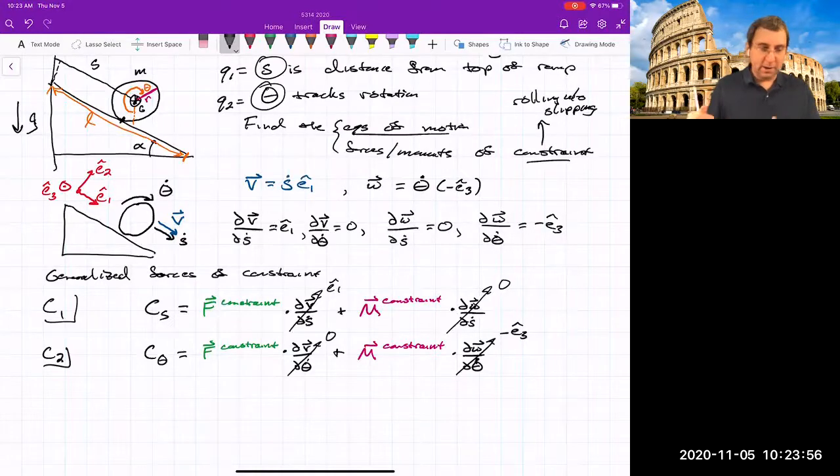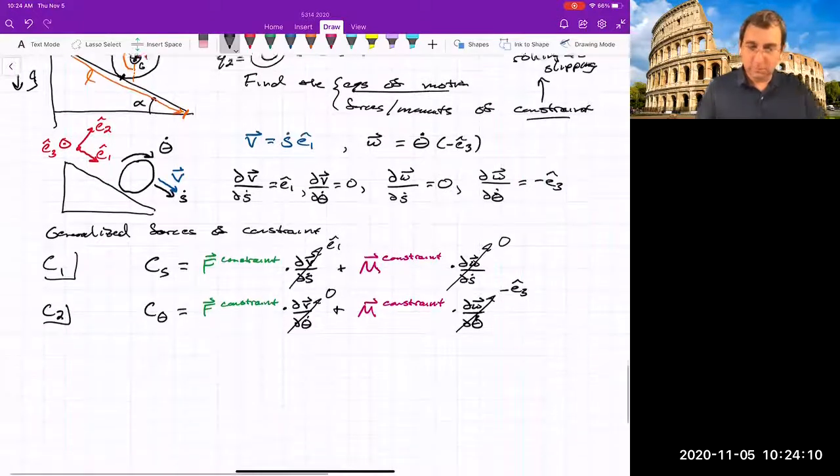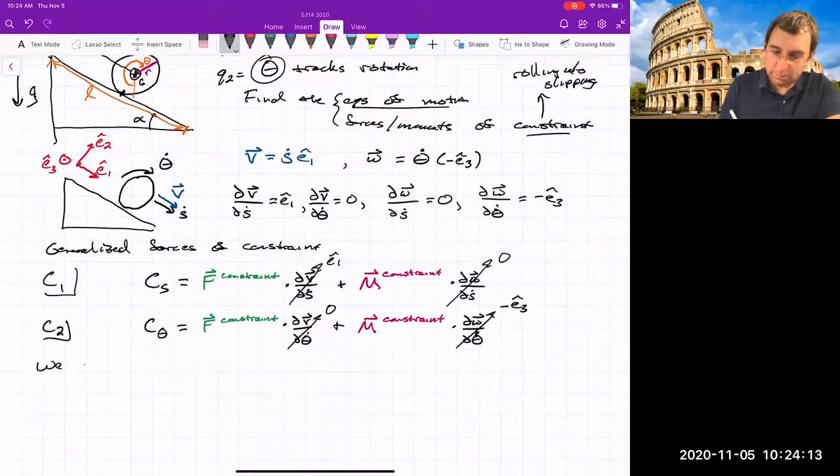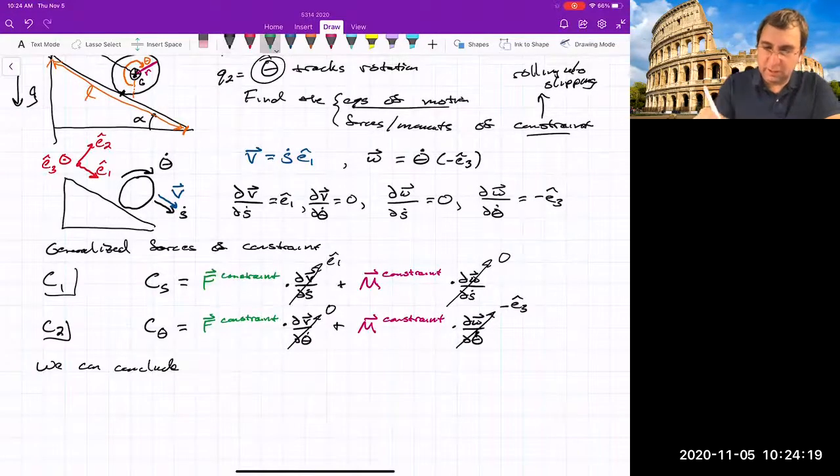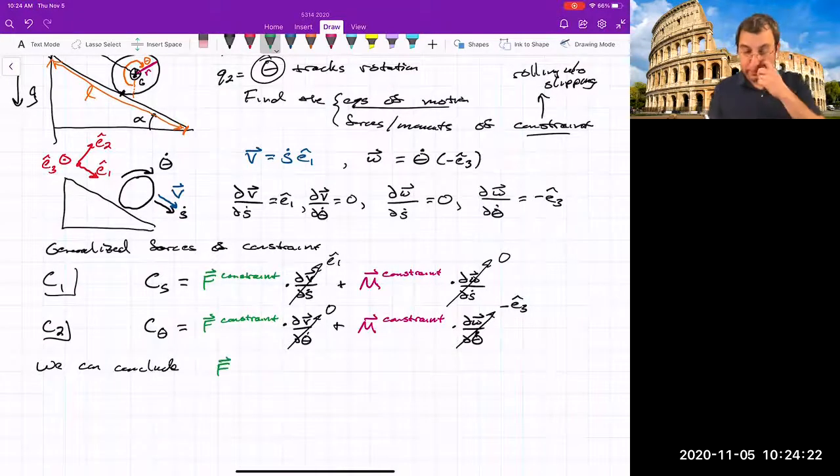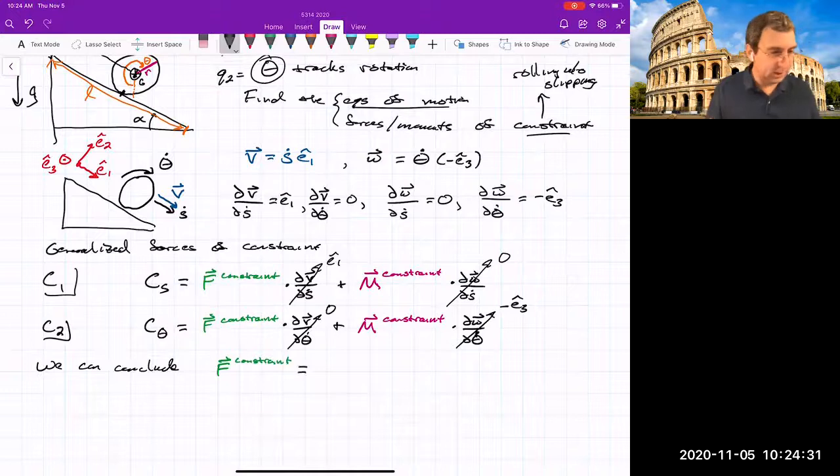So if we compare these equations, then what do we get? We can conclude what the force and the moment of constraint are. We can conclude that the force of constraint equals... where are my equations 1 and 2?